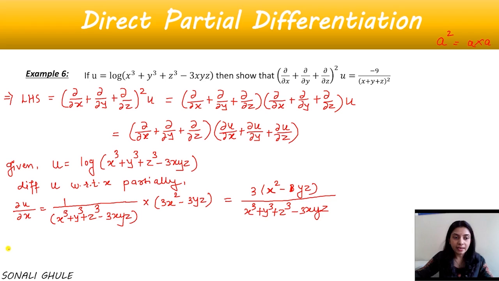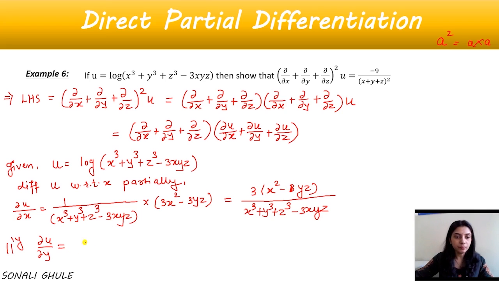So I can write the derivative of u similarly with respect to y. Only the change is what? This time the derivative will be with respect to y. So now your term will be in terms of y here, and here y will be removed and x will come, right? So that will be the change here.